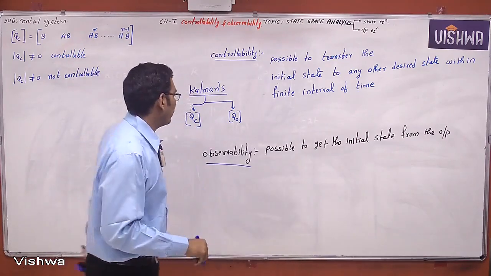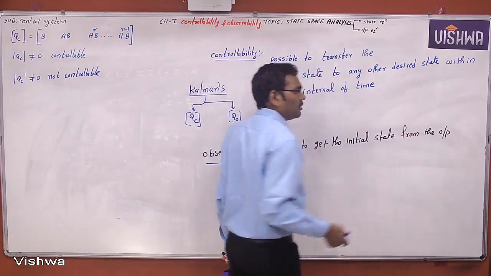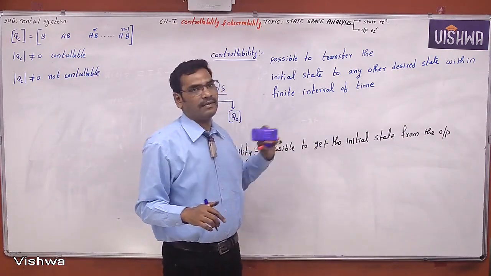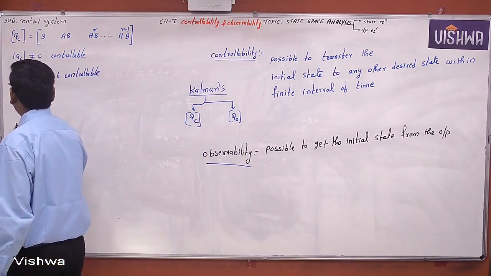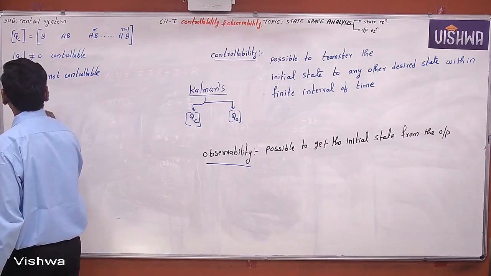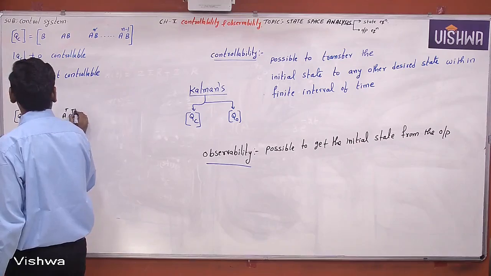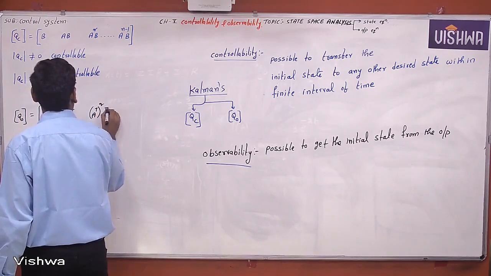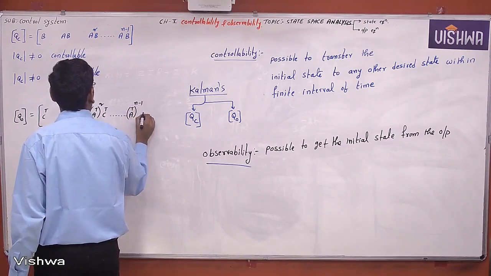Now, similarly, observability: it is possible to get the initial state from the output. So here observability deals with the output equation as well as the state equation. Therefore, according to Kalman, the observability matrix is C transpose, A transpose C transpose, A transpose whole square into C transpose, and so on, A transpose whole power n minus 1 into C transpose.